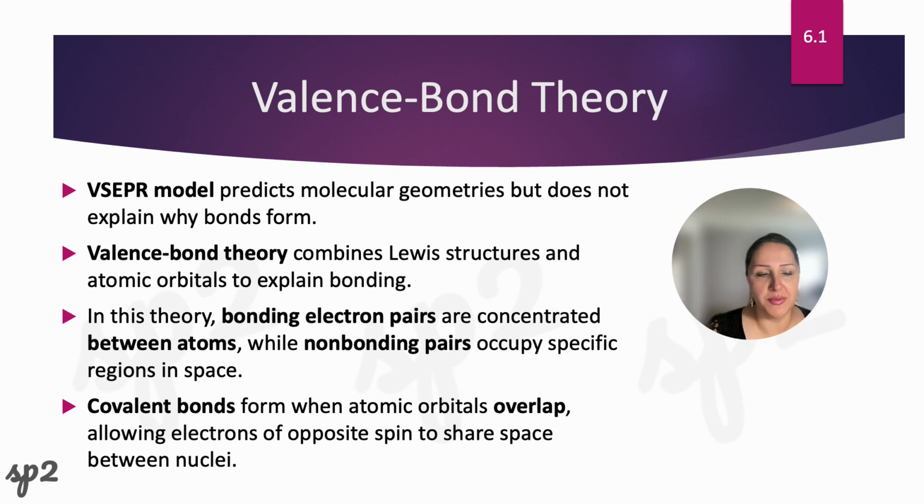The formation of covalent bonds happens when the atomic orbitals overlap. So be careful with this term. If you hear about overlap between the orbitals, that means the electrons are allowed to interact, and they're going to be of opposite spin, sharing their space between the two nuclei. Okay, cool.